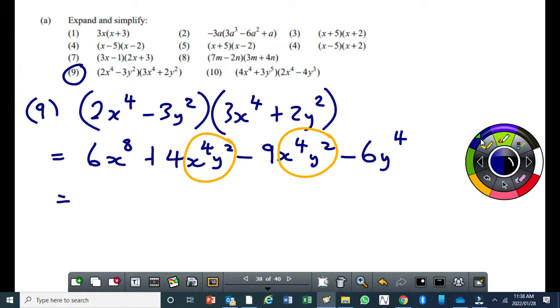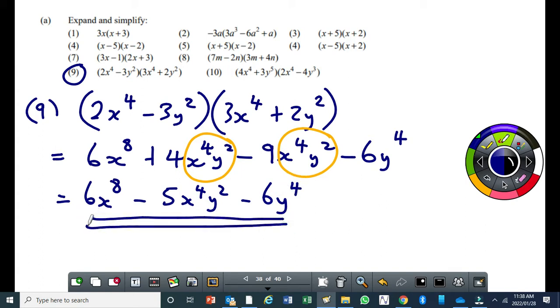The coefficient there is negative 9. 4 minus 9 gives you negative 5. So this becomes 6x to the power of 8 minus 5x to the power of 4 times y squared minus 6y to the power of 4. This is your final answer. That's your final answer.